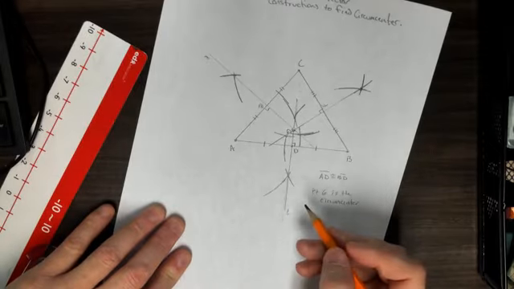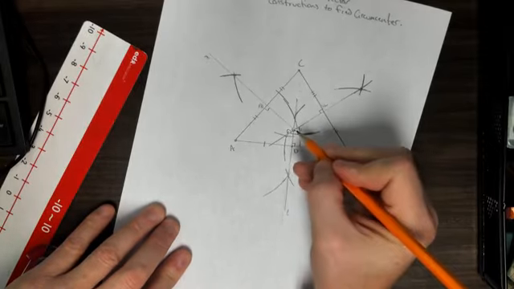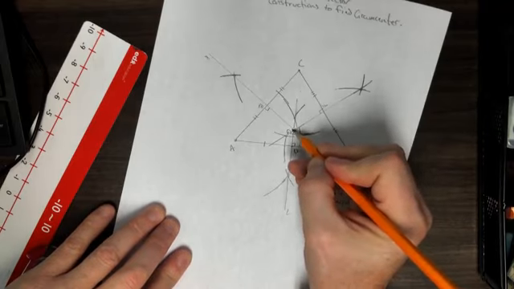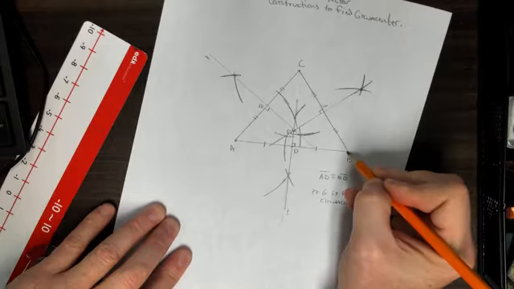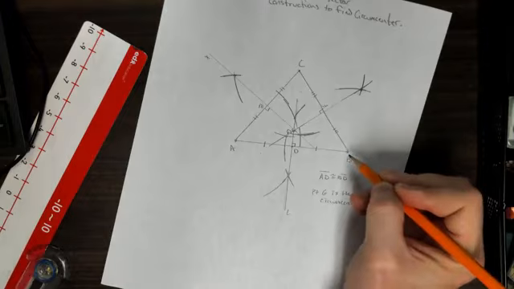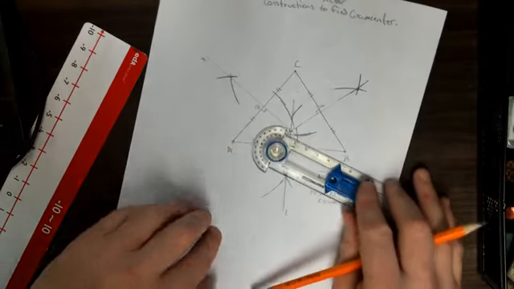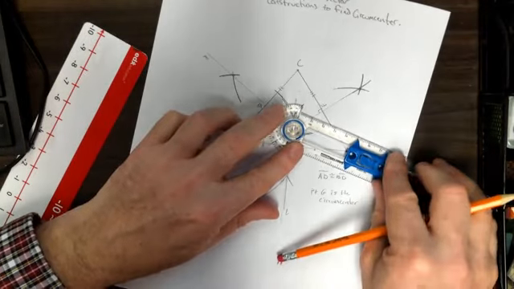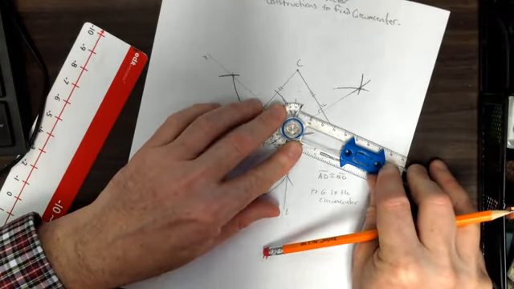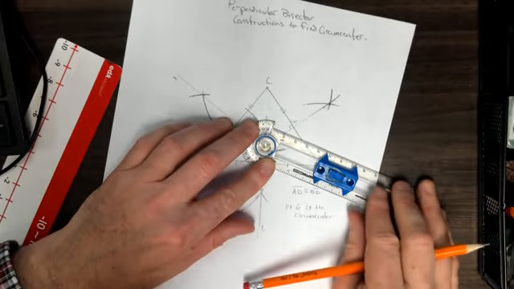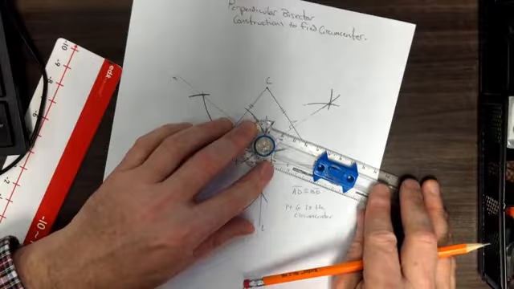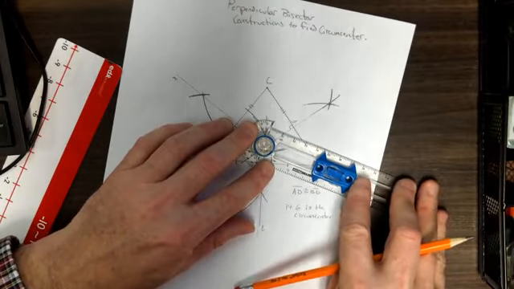All that means is it's the point that is equidistant from A, C, and B. So when I say equidistant, if I take my compass and open it up, I'm going to be very careful about this because it's tricky, since my compass is not one of the best compasses, but it's a good one.